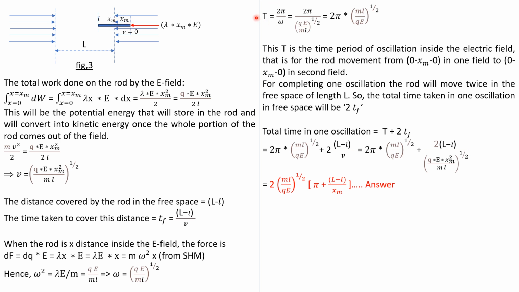So this is your time period. You can visualize this by assuming that both the fields are merged together and the rod is oscillating with this angular frequency inside these two fields.